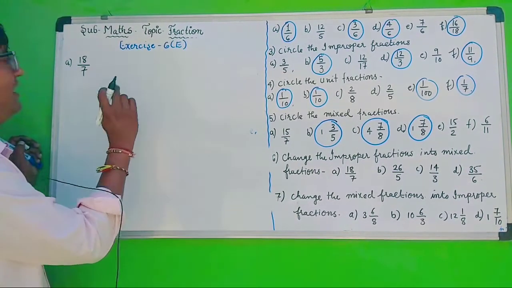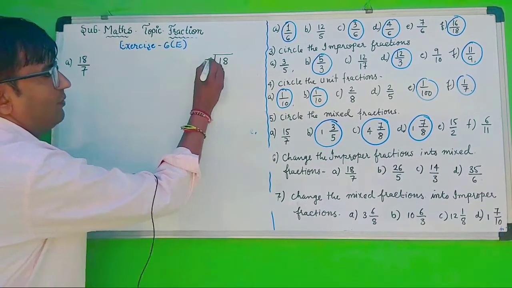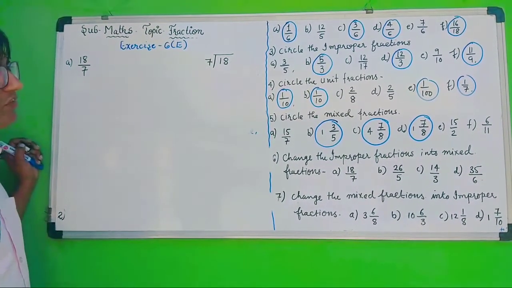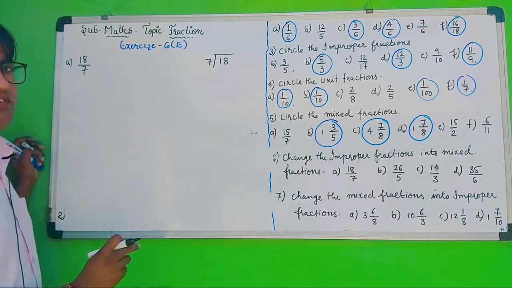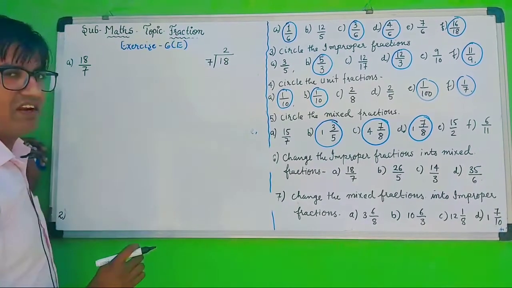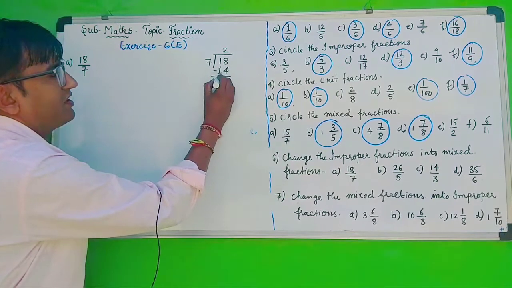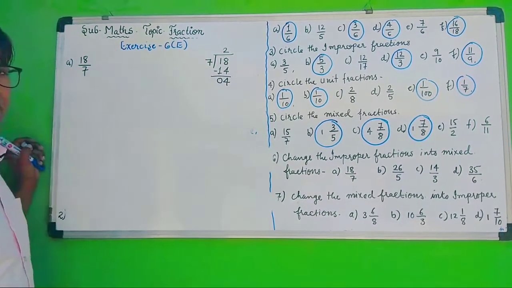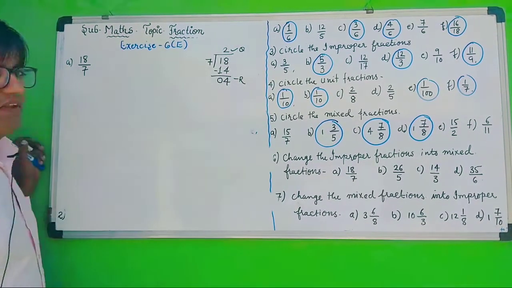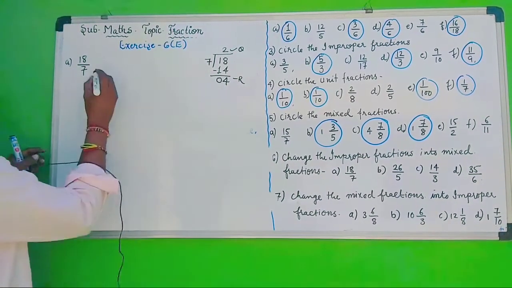We have to divide 18 by 7. 7 1 ja 7, 7 2 ja 14, 7 3 ja 21 is greater. So 7 2 ja 14, 18 minus 14 means 4 will be the remainder and 2 will be the quotient.